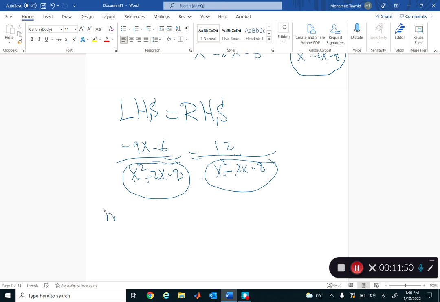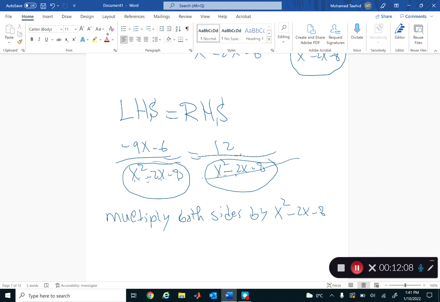So now, if I multiply both sides by the same one, x squared minus 2x minus 8, then this term cancels. Maybe I change the colors here.